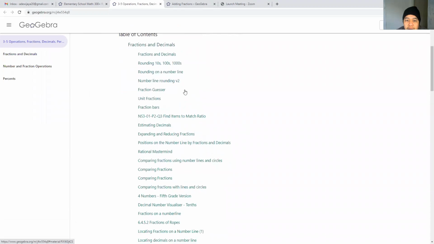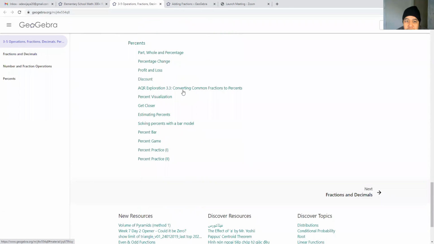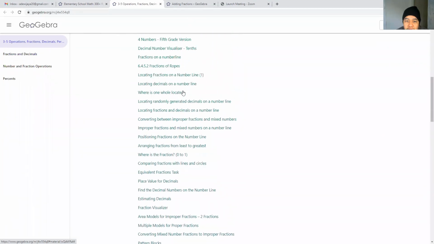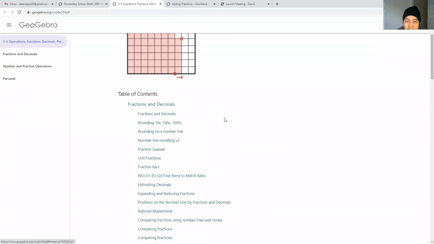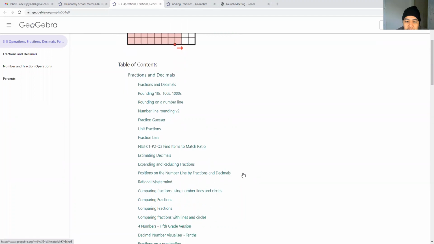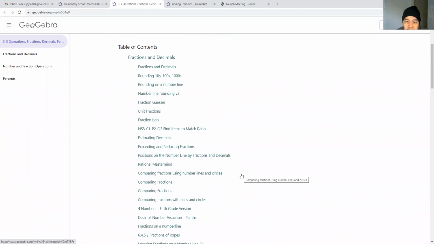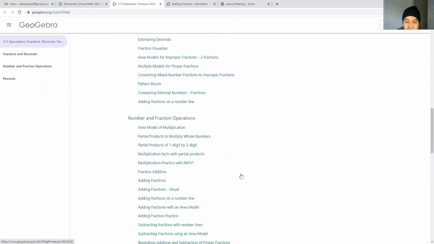Now look at this: there are so many simulations that we can do here, and I'll try to pick some of those that I think are very nice. You can also do the same thing when you are teaching your kids. Let me have a look. The one that I want to do is adding fractions.